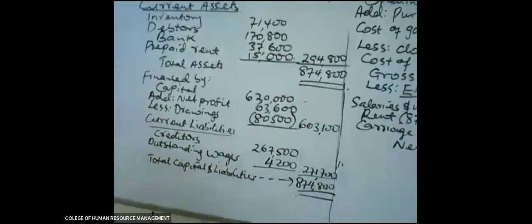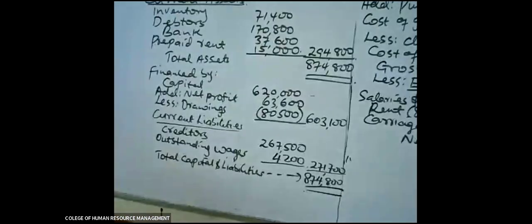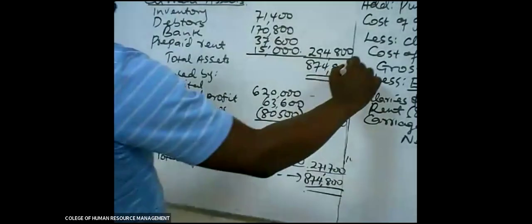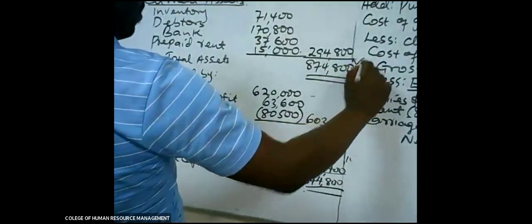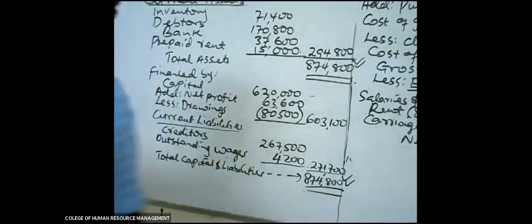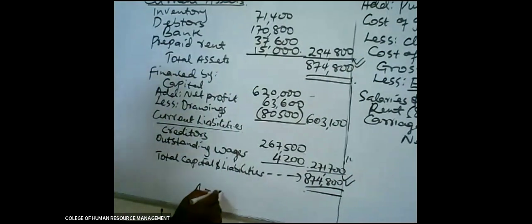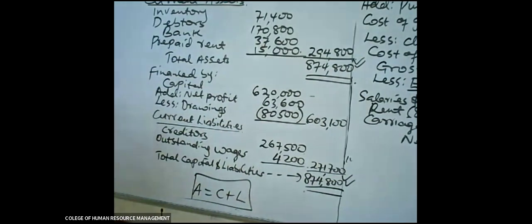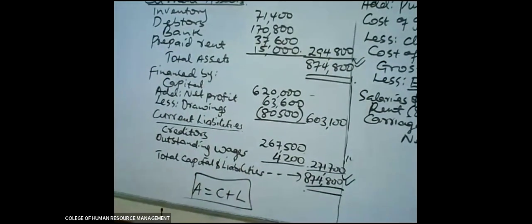And we have actually come to find that the total assets and total capital and liabilities are the same. Therefore, assets is equal to capital plus what? Liabilities. We have satisfied that equation.